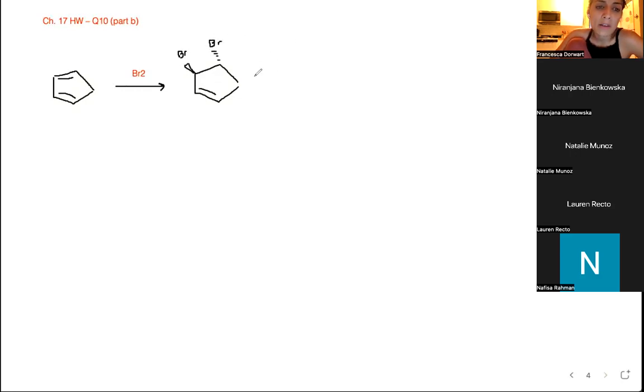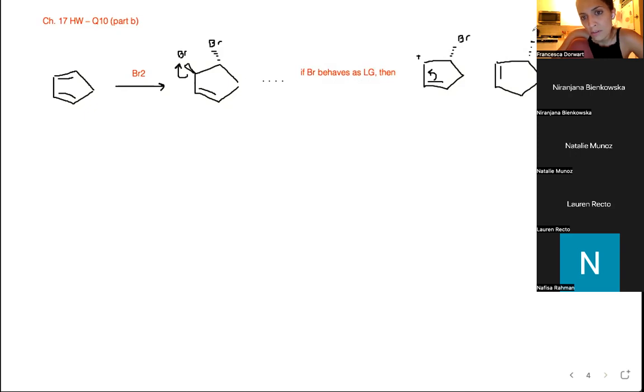We also have the possibility that if Br behaves as a leaving group, then one of our bromines could leave, and we'll end up with a resonance stabilized carbocation that can then resonate, obviously, and allow our bromines to be a little bit further apart from each other.